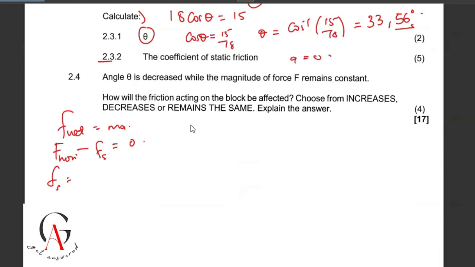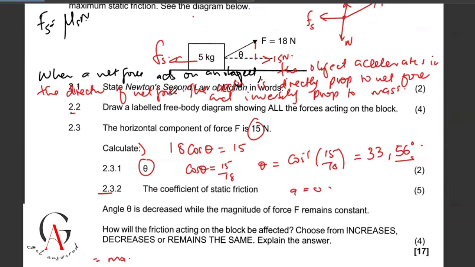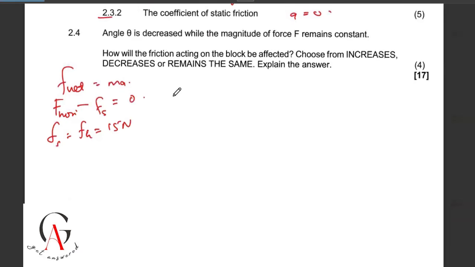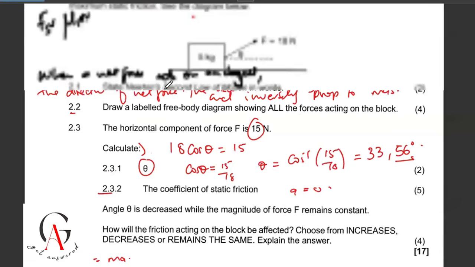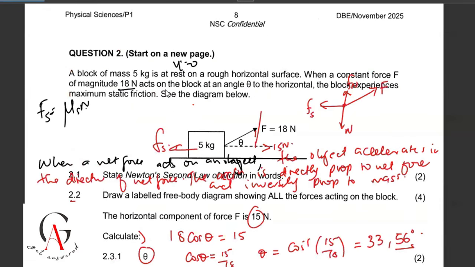My static friction is equivalent to F horizontal, which is 15 newtons. Now, what is the formula for the static friction? It's mu S multiplied by the normal force. But what we know about the normal force is that we have a vertical component, which is F sine theta.